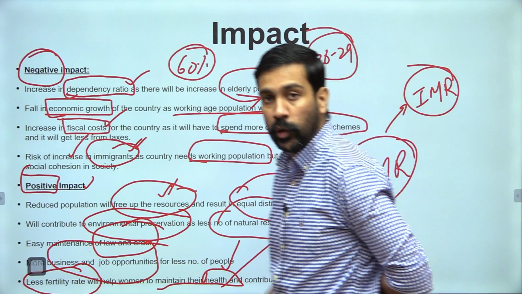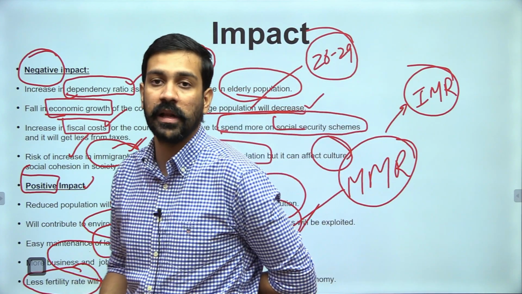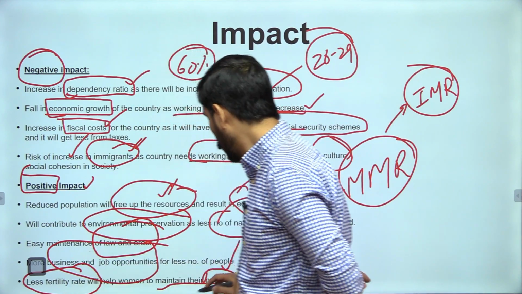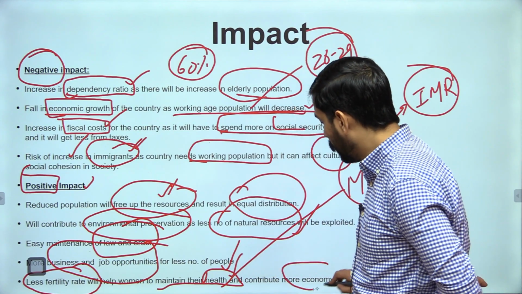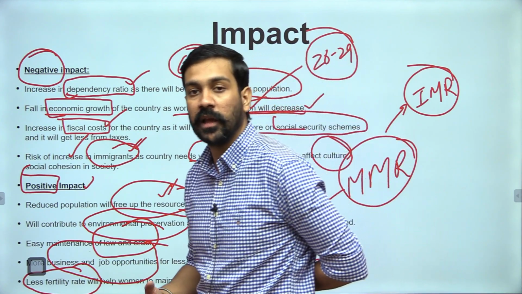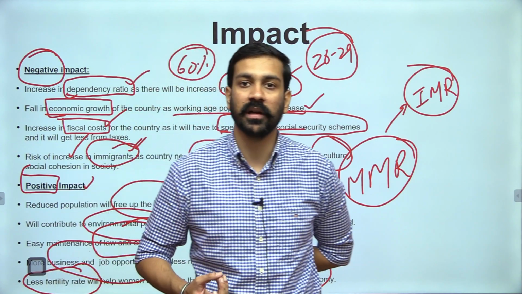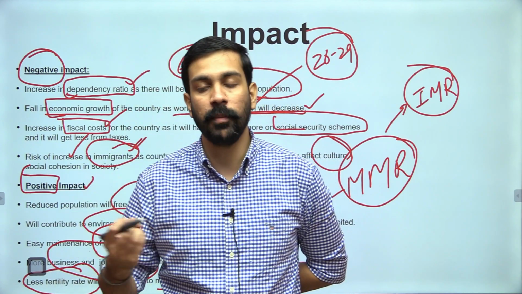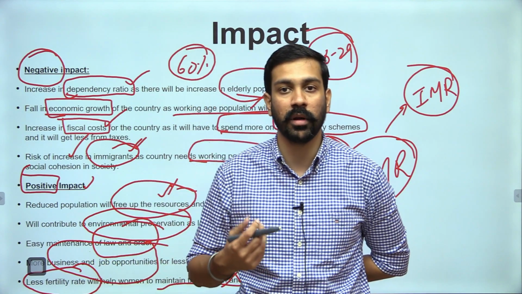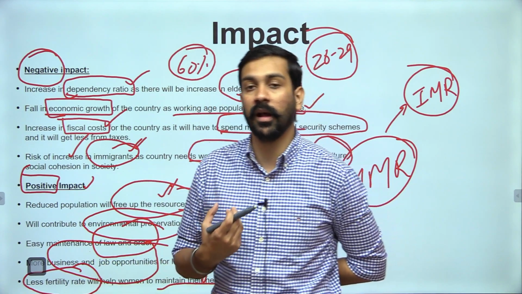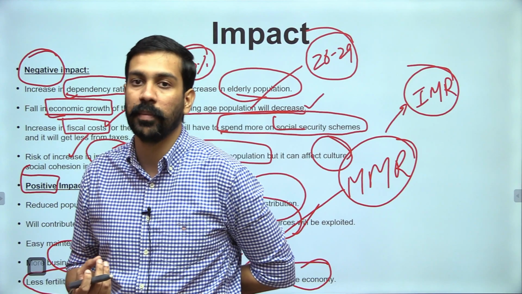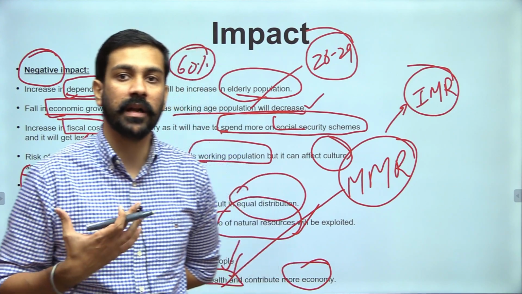So reduced fertility rates will help women to maintain their health, and if their health is okay, they will be working in the economic sectors, earning money, contributing to the households as well as to the country. So these are the positive and negative impacts of the declining fertility rates.